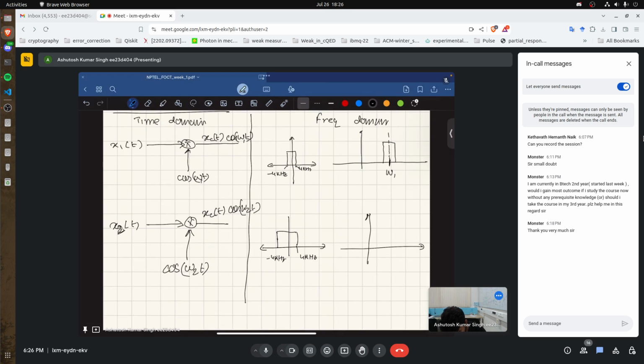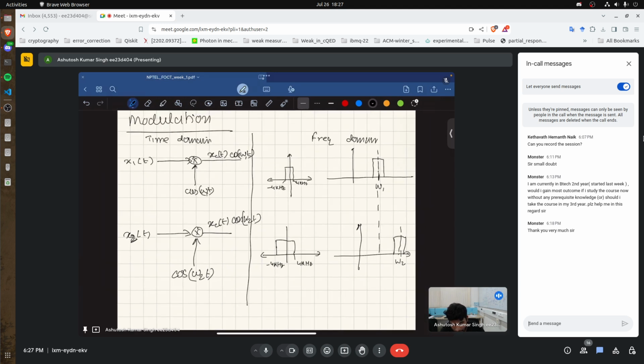Because I used different omega1 and omega2, these are at different places in the frequency domain. So if this is my omega1, my omega2 is somewhere here, and this is my signal here.